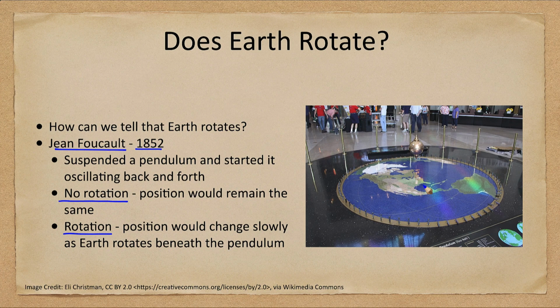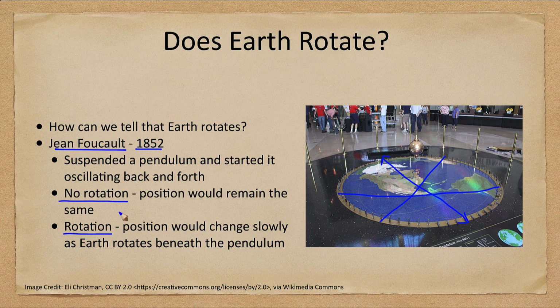So if the pendulum starts going back and forth in one direction, that would slowly change, and at another time it would be going this direction, and another time it would be going this direction. So the central point would remain the same, but there would be a change in the direction in which it is moving. If there was no rotation, it would just keep doing the same thing over and over again.